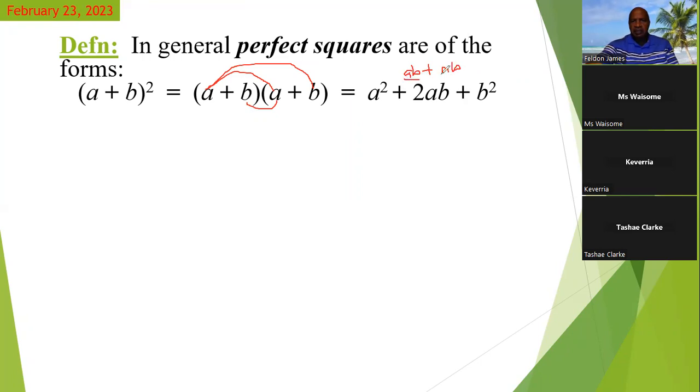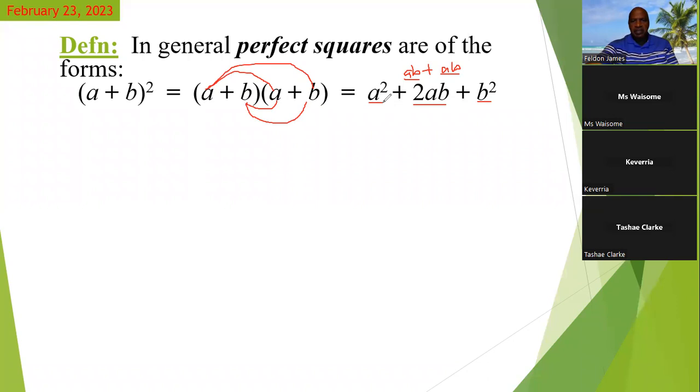They would be like terms because they have the same letters grouped together and both letters carry the same powers. And when we have like terms, we simply add them. So if you have one AB plus another AB, then you get 2AB. So that's how we get the middle term. Now the last term we get by multiplying b times b, it was b squared.